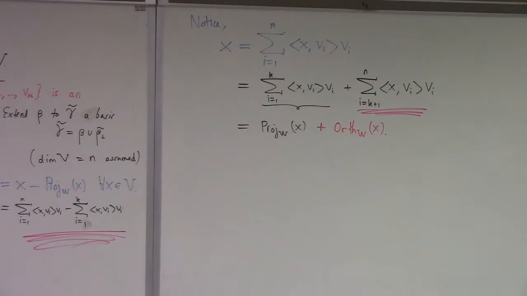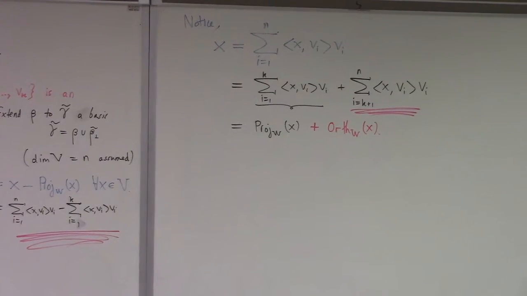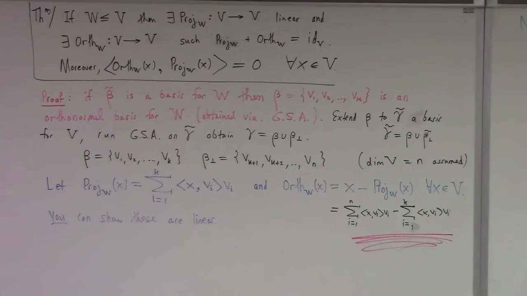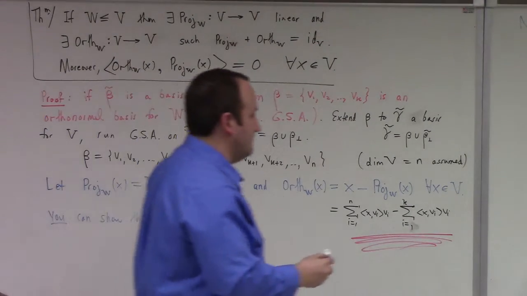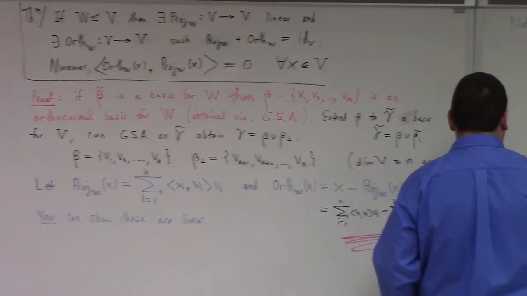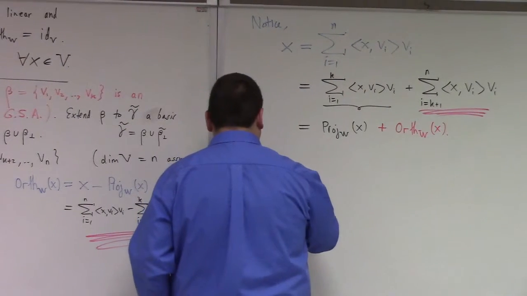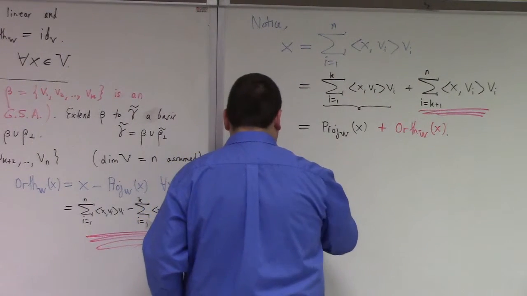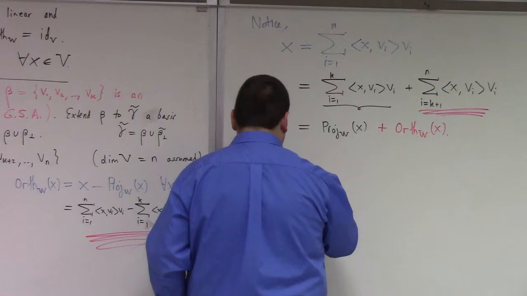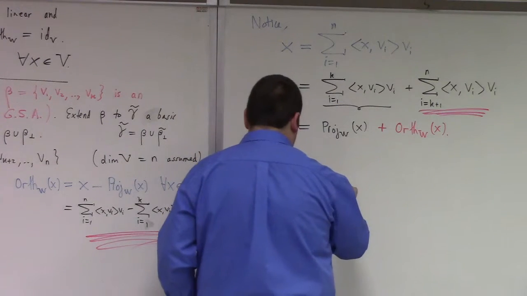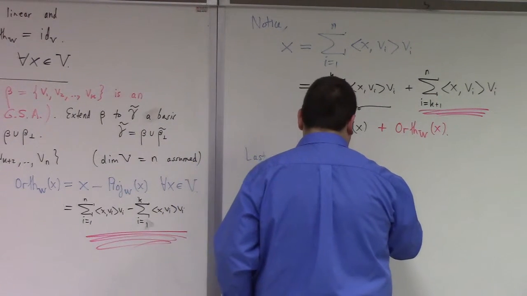All right? And what else did I claim? I claimed that these are perpendicular in the sense of the inner product. How do I prove that? If we calculate the inner product of the projection onto W of x with the orthogonal projection onto W of x, what do we get?